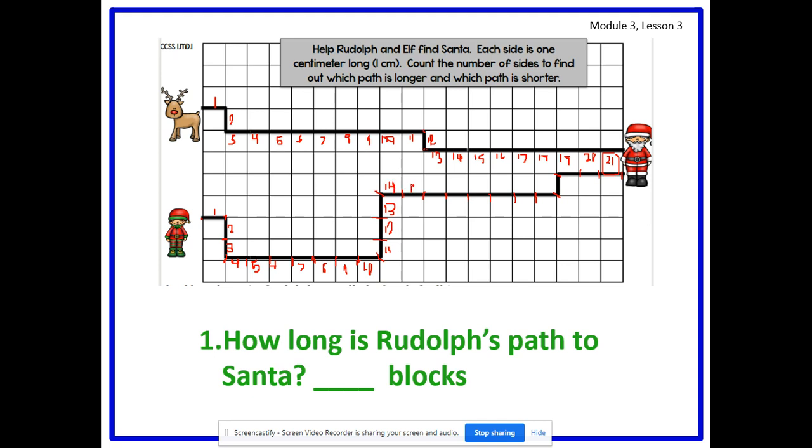14, 15, 16, 17, 18, 19, 20, 21, 22, 23, 24, and 25.